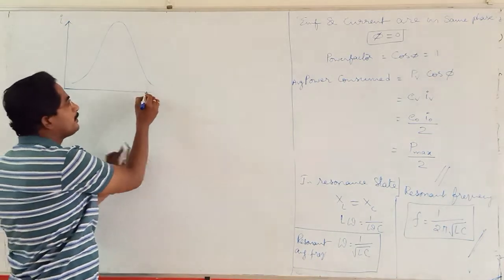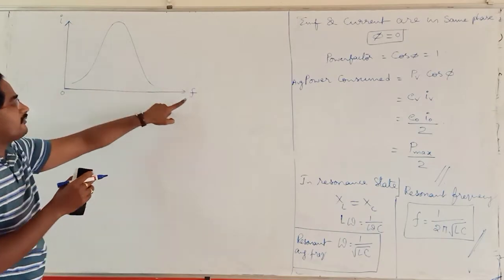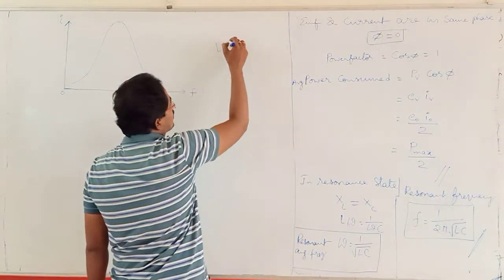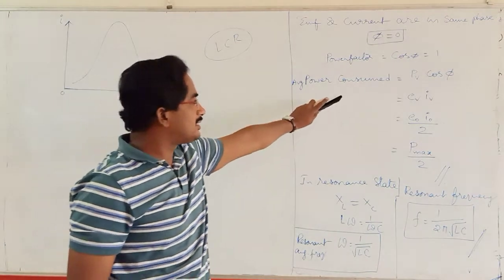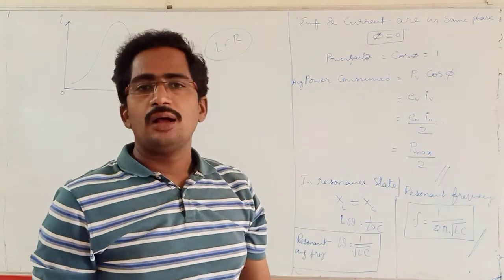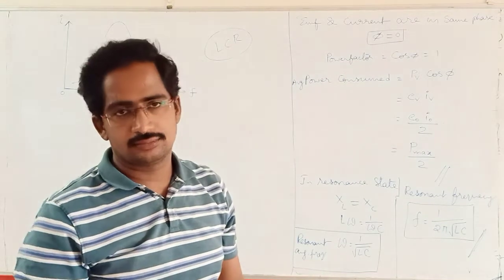That is the shape of the graph we get for current and frequency of an LCR circuit.